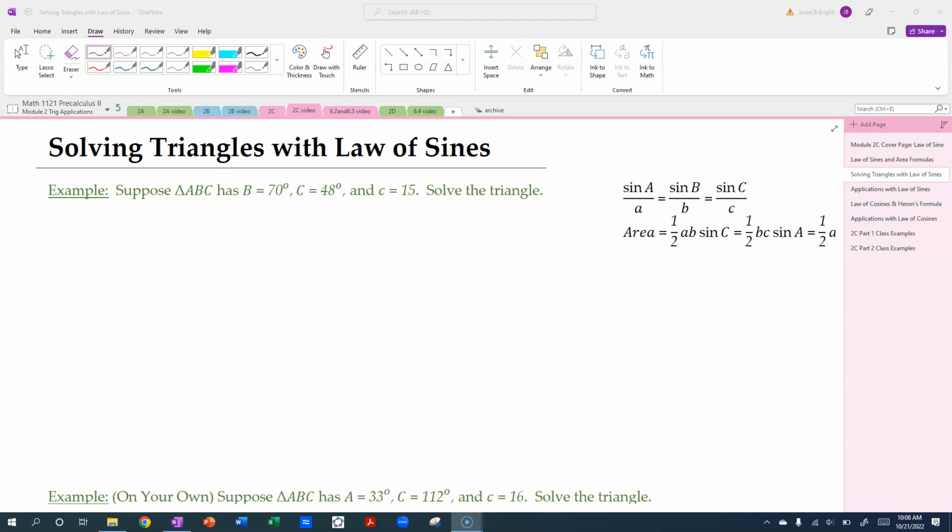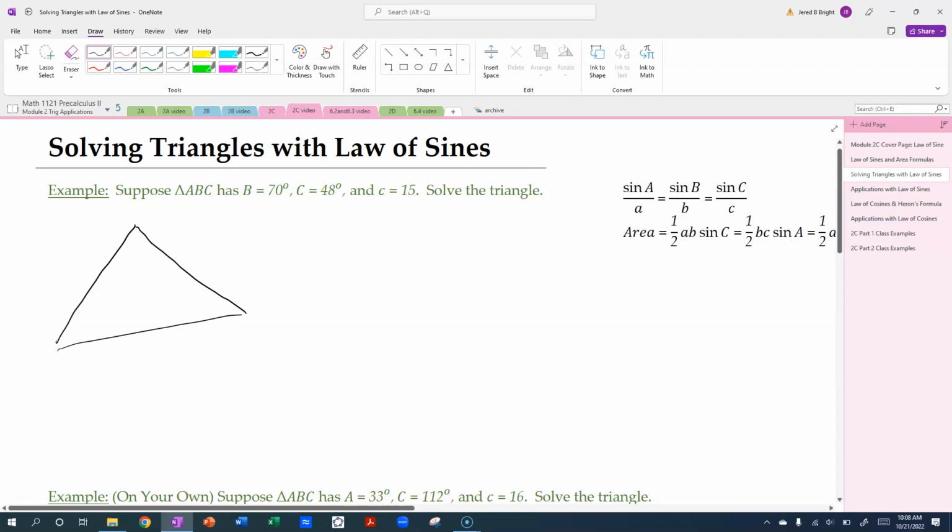So first thing to do is, obviously, I like to begin with the picture. So I would make a little sketch here, and I'm not going to assume that it's a right triangle right off the bat. I'm going to just make it kind of obtuse, kind of acute, depending on how you want to look at it. So let's see, angle B is 70. So I'm just going to label these A, B, and then I know that that's 70 degrees.